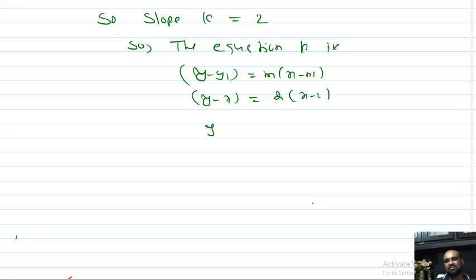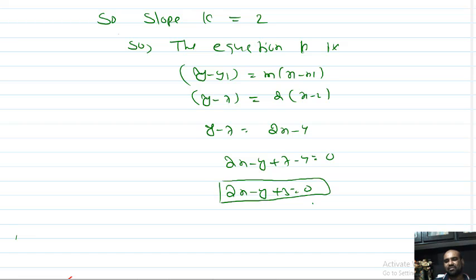Just simplification: y minus 7 equal to 2x minus 4, or 2x minus y plus 7 minus 4 equal to 0, or 2x minus y plus 3 equal to 0. This is the equation of the required straight line which is parallel to the given line and passing through the given point. Okay.